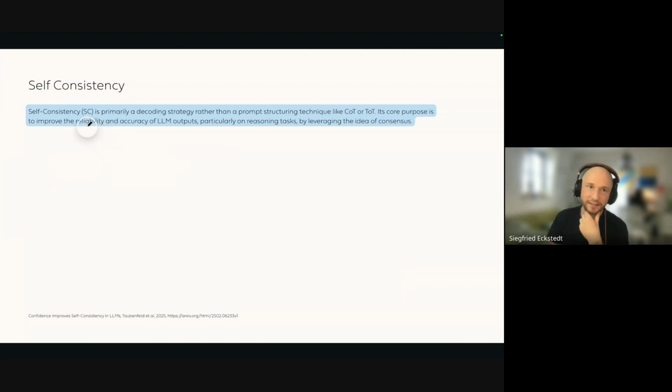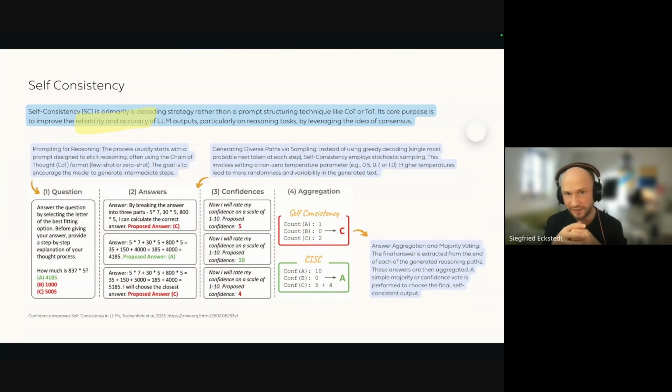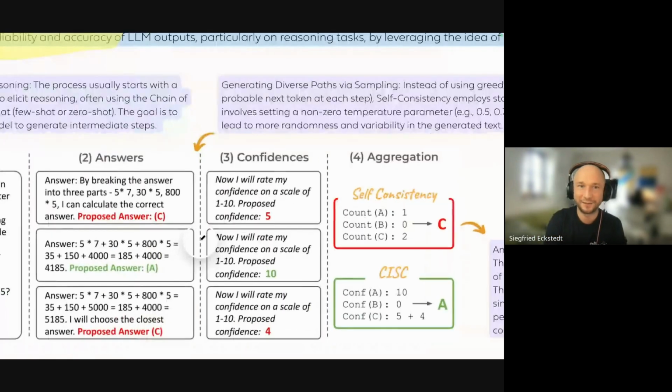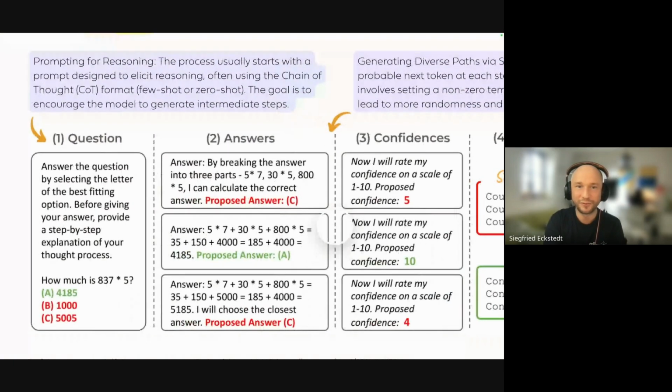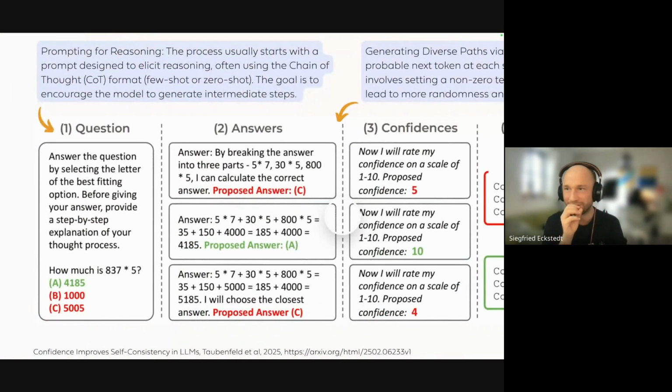So I think reliability and accuracy is at the core of it. Now, how can this look? There's a very recent research paper from 2025. Now it is a lot of text again, but we can just follow through one by one in terms of what the process is, and you will understand very easily what the core idea is.